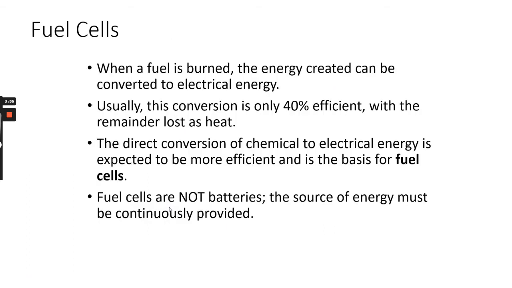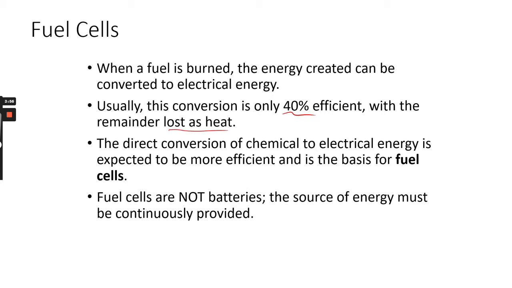Your fuel cell: in general, when we have fuel, we burn it to take that heat energy and convert it to electric energy. That whole conversion is only 40% efficient. You lose a lot of heat, so it's not a very efficient use of a fuel.